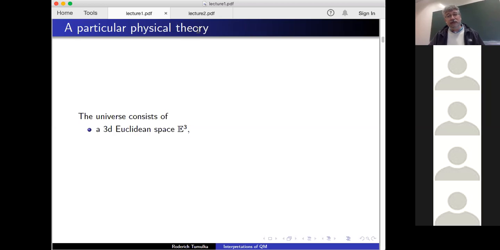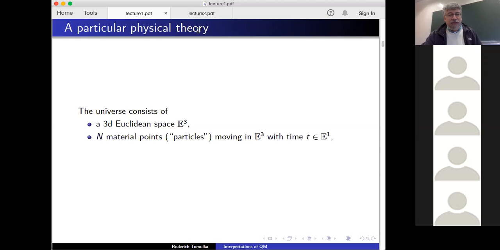So let me start with a particular example. So here's a particular physical theory. It says the following: the universe consists of the following things. First, a 3-dimensional Euclidean space. I will denote it by E3. Then some number n of material points, which we commonly call particles, that move around in this 3-dimensional Euclidean space as time proceeds.